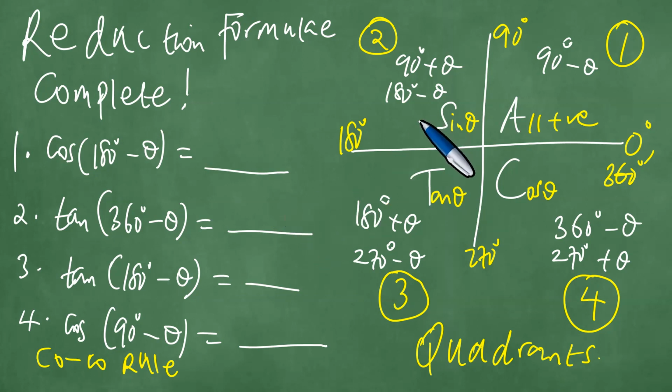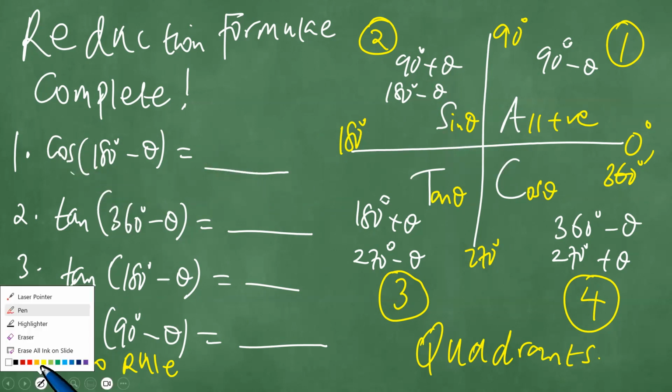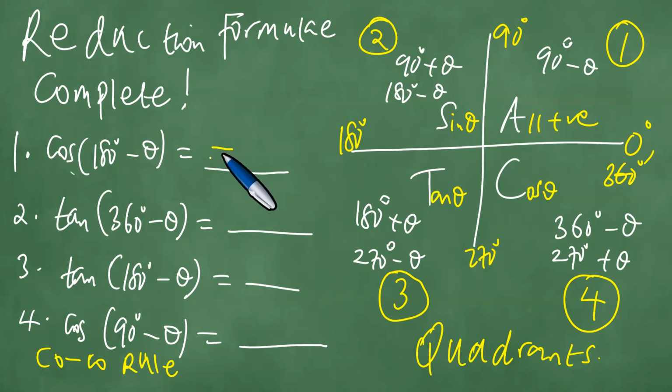Negative cosine theta, because 180 minus theta is in quadrant 2, and the sine is the only one that is positive, so the cosine is going to be negative. Then you copy cosine and the theta, like this.